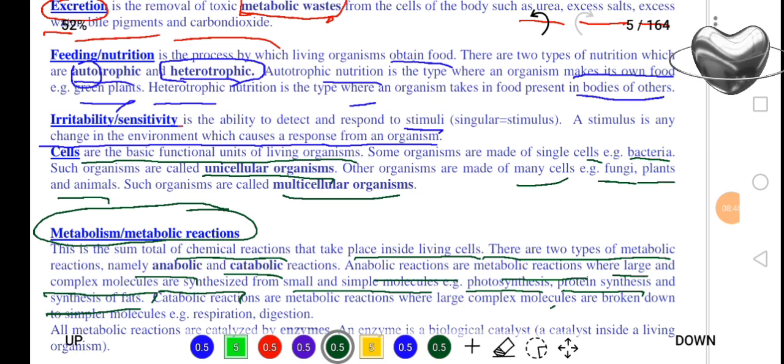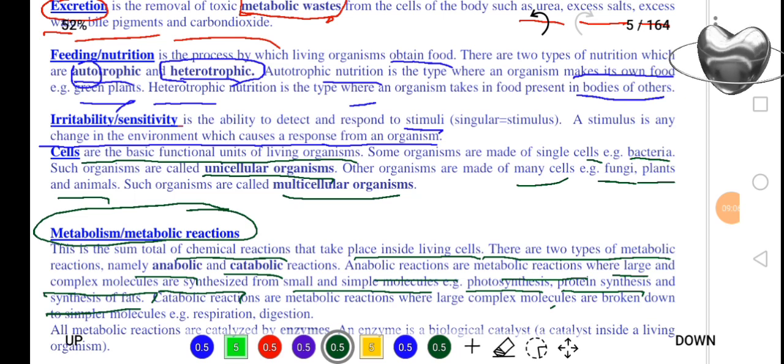Another example is protein synthesis, where we combine just simple amino acids. When we join the simple amino acids together, we convert the amino acids to peptides. When we add a lot of amino acids to peptides, we are going to convert the peptides to proteins.